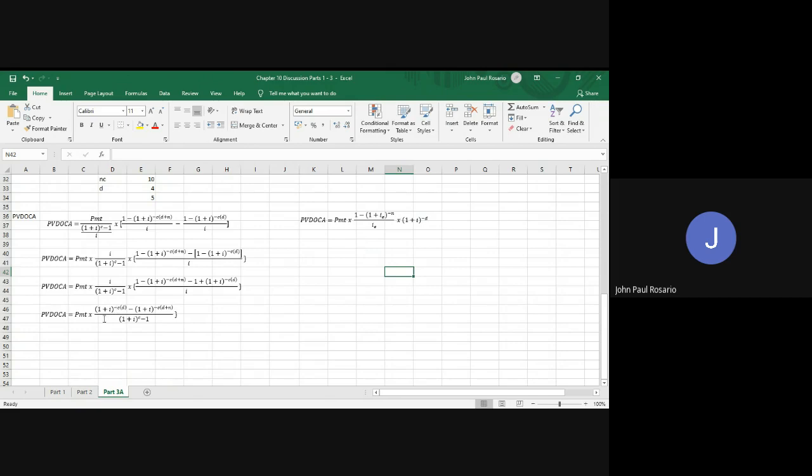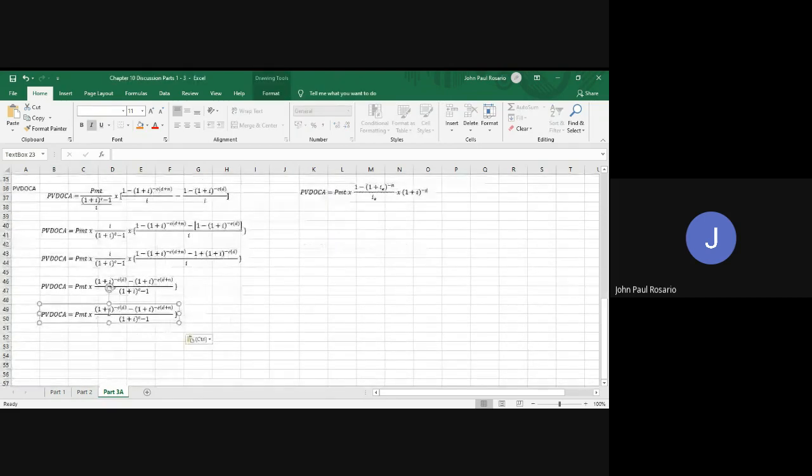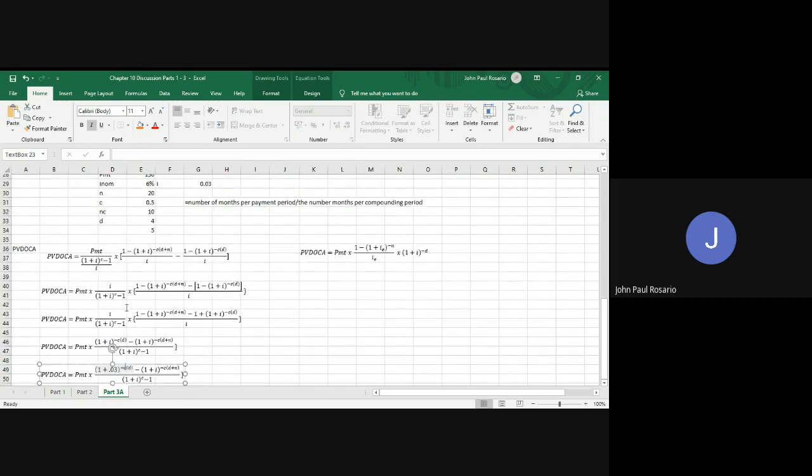So with this, let's substitute our given information to this equation. Okay, so that would be our I is 0.03. Our C here is 1/2.